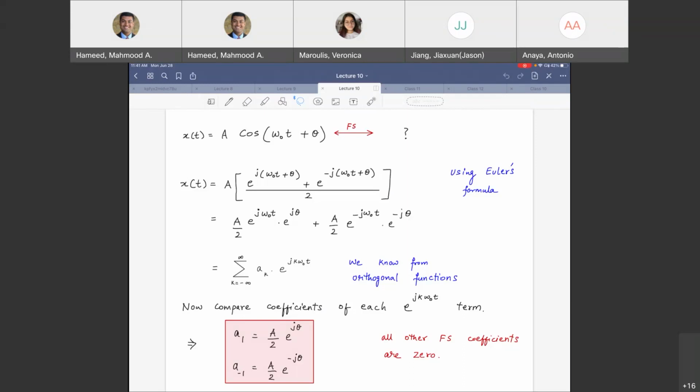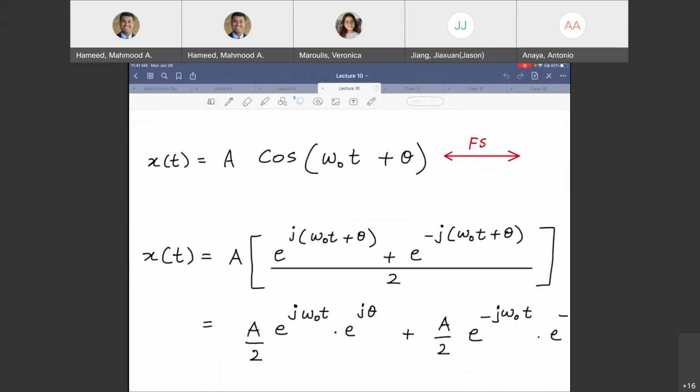Again, only one tone, single tone, right? So you will have something at a sub 1 and a sub minus 1. My goal here is to find the Fourier series coefficients of a cosine that has an amplitude of A and a radian frequency of omega naught and a phase of theta.